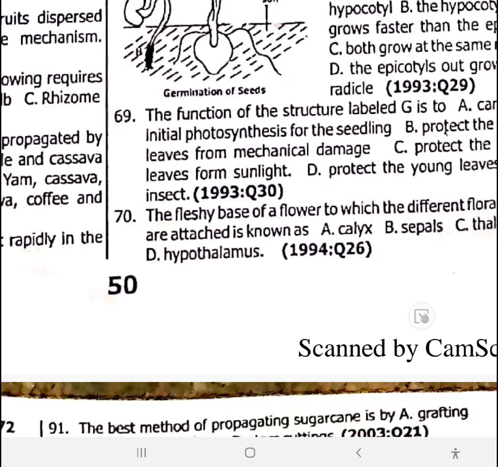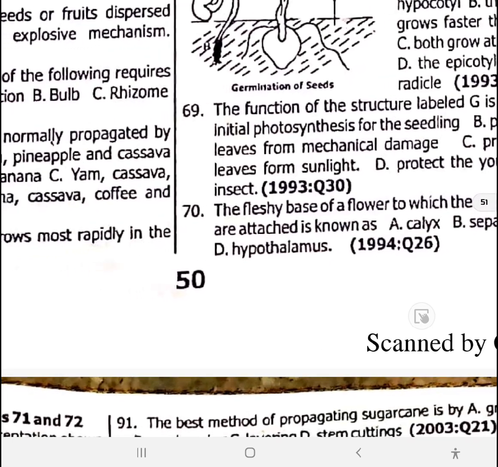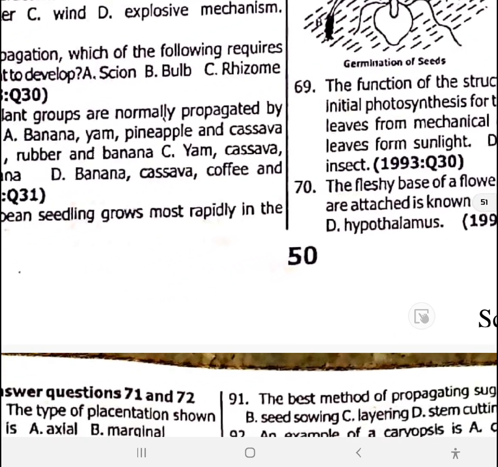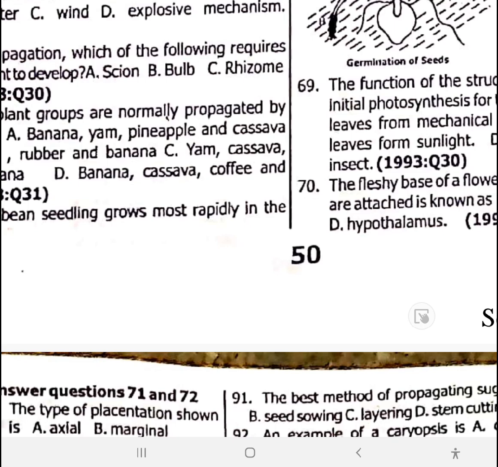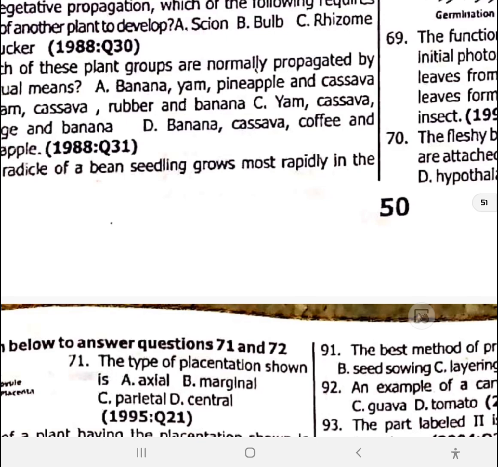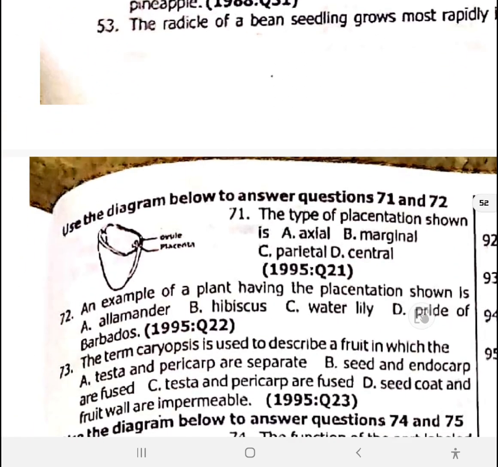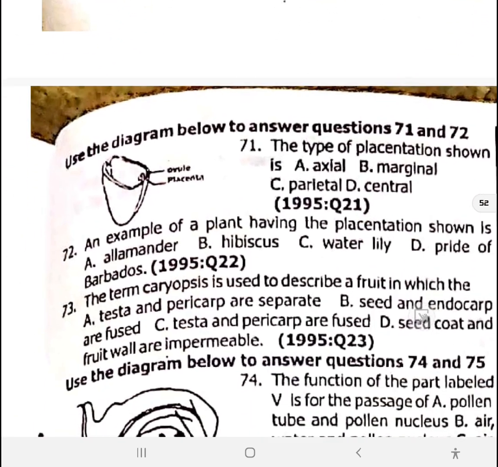I want you to write this: the thalamus is attached to the parent plant by the flower stalk or the pedicel. Pedicel. I know you might be saying, a lot of new words. Yes, a lot of new words.